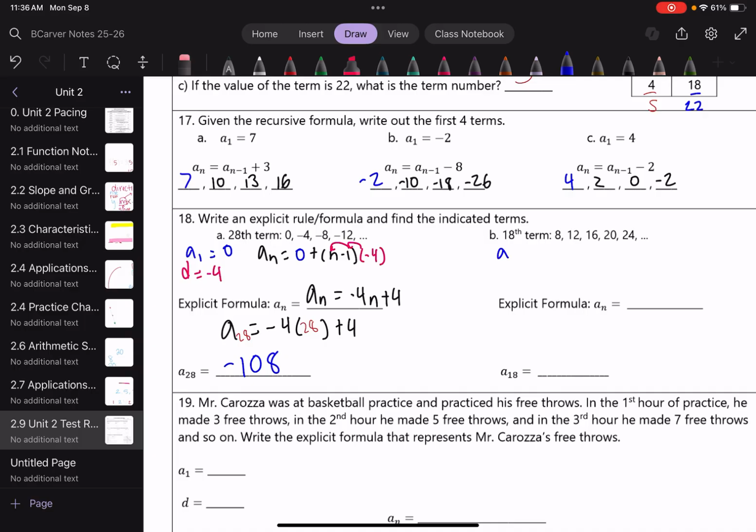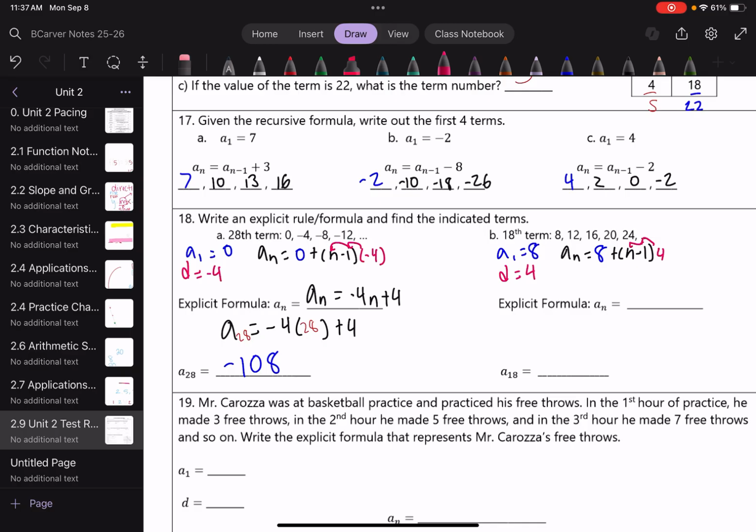Again, I can do the same thing with B. I have a sub 1 is equal to 8. And now instead of subtracting 4, I am adding 4. So my common difference is positive 4. So we have a sub n is equal to 8 plus n minus 1 multiplied by 4.